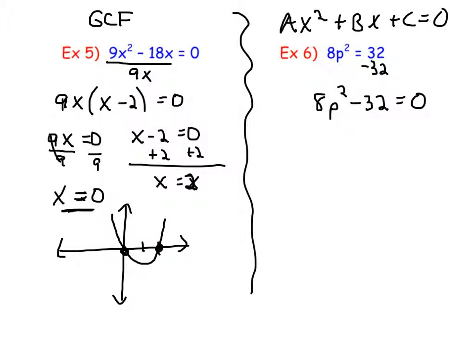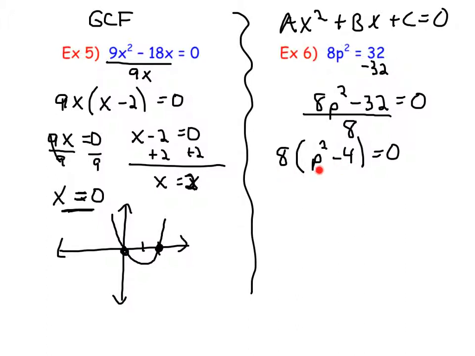All right, so what I want to do is I want to see, is there a GCF? So if there's a GCF, I'm going to factor that out. And I do have a GCF. My GCF is 8. I can factor out an 8 from both of these. So when I factor out the 8, it becomes part of my answer in front. So I have 8, and then I'd have p squared minus 4 equals 0. Well, what I recognize here is, yes, I have an 8, and then I have this.